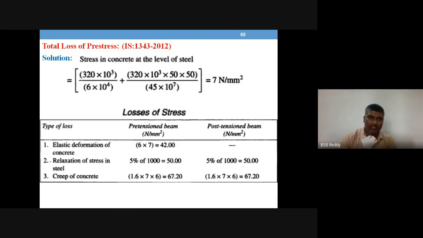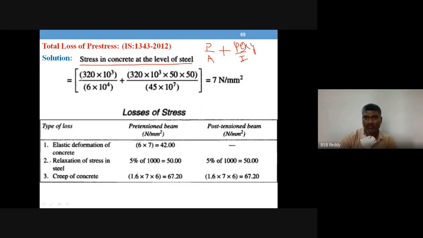Now getting the stress value in concrete at the level of steel. We know the formula: it is P by A plus P into e into y by I, that is M by I into y, your bending stress.